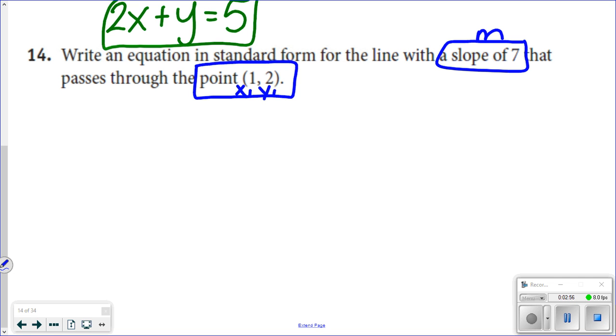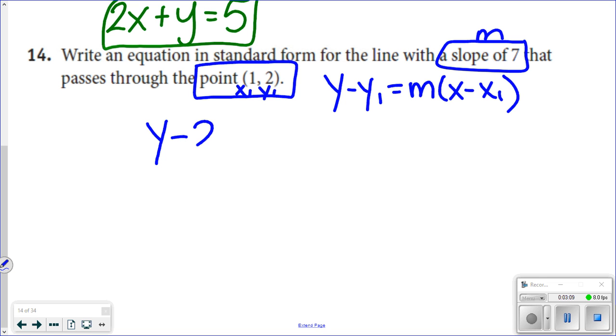So just a reminder, point slope looks like this. So y minus 2 equals 7, x minus 1.